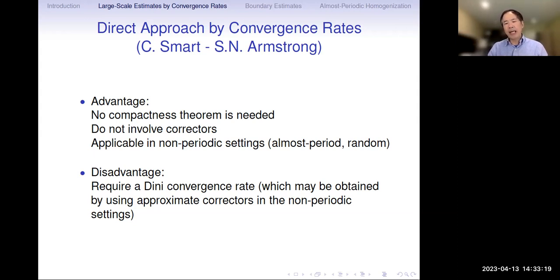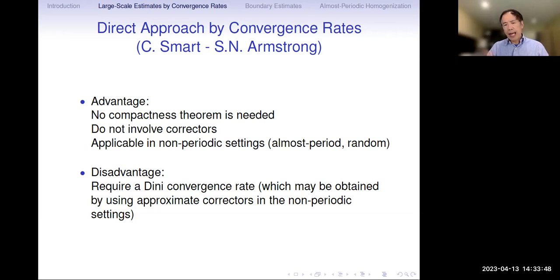Although we have a compactness method for boundary regularity, the proof is rather difficult. Lots of machinery has to be used here. The only disadvantage is that this will require something called a Dini convergence rate.